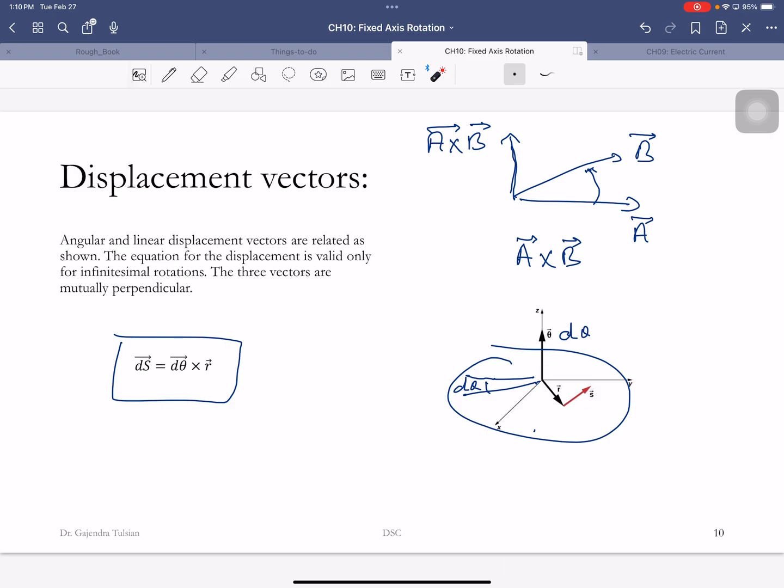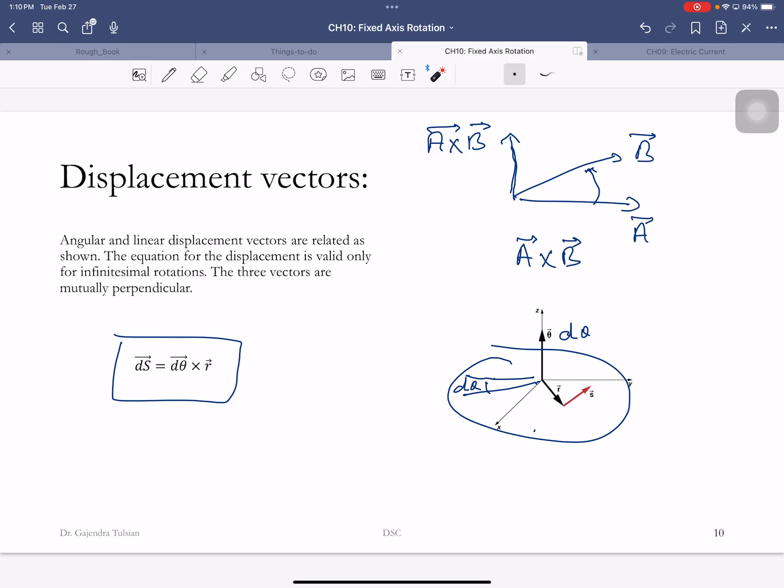Okay, so what this is saying, I'll show to you on the wheel. Again, we won't be using these formulae too much, but I'll show it to you on the wheel. What that formula is talking about is the following. So here's this object. I'm going to rotate it through a small angle, d theta. So this displacement, d theta, is a vector in that direction.